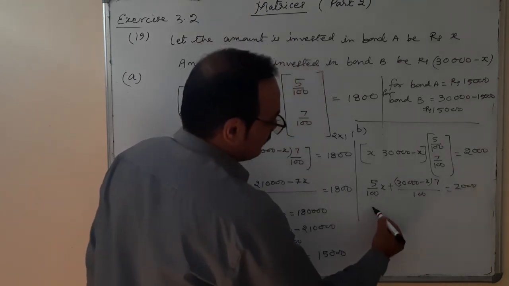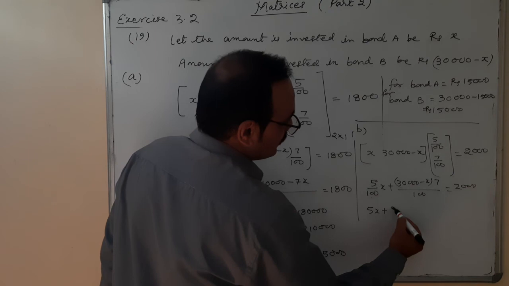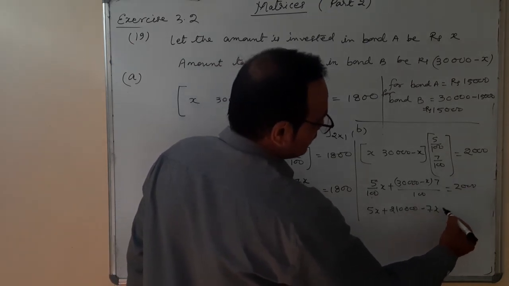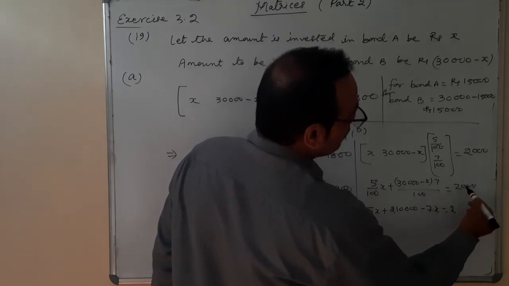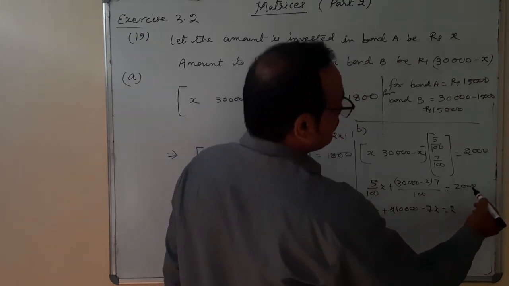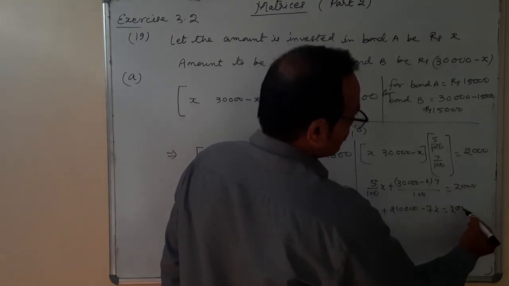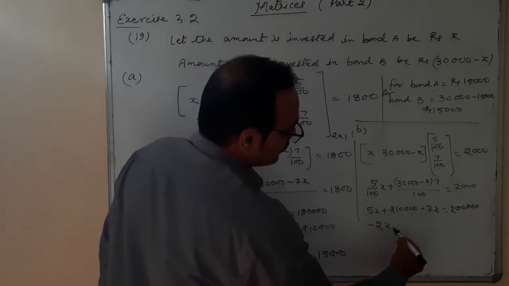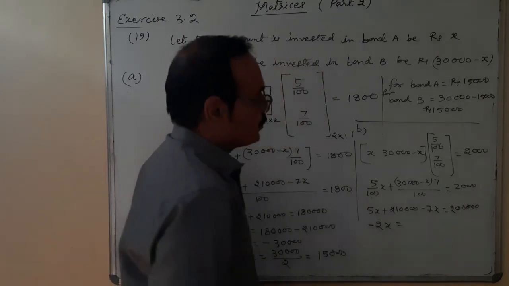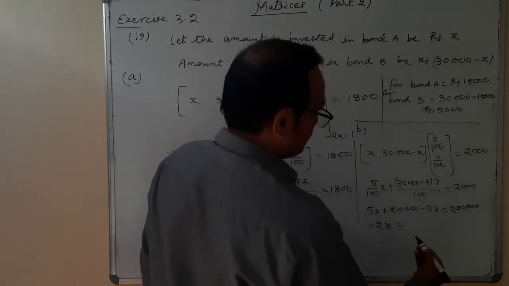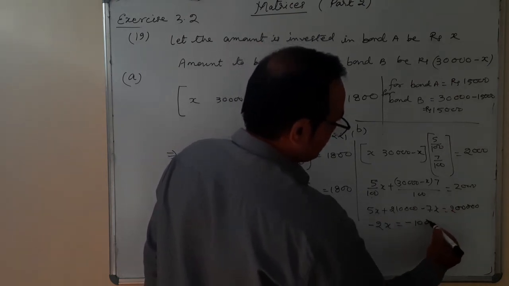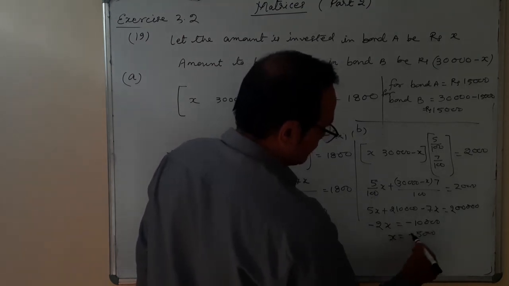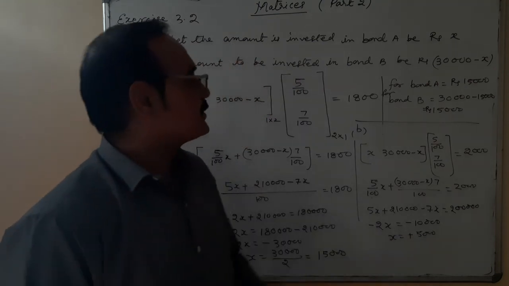So it is coming 5x plus 2,10,000 minus 7x is equal to 2,000 times 100, that is 2,00,000. So minus 2x is equal to 2,00,000 minus 2,10,000, that is minus 10,000. x is equal to 5,000.